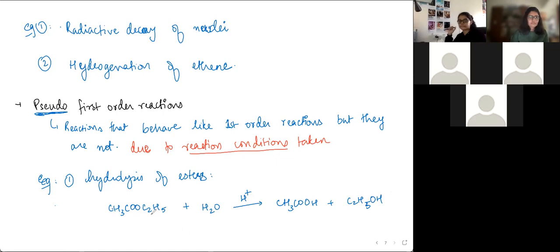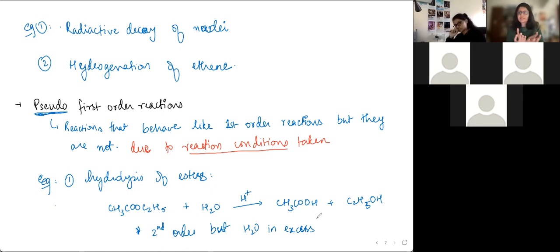So this is actually a second order reaction, but generally we take H2O in excess. Imagine when we are doing a reaction, we take a beaker. We don't measure out the quantity of water, right? Whatever the reaction medium is, we take that and then add the special reactants into it. So I take a beaker full of water, add 1 mole of ester and a couple of drops of H2SO4 maybe.